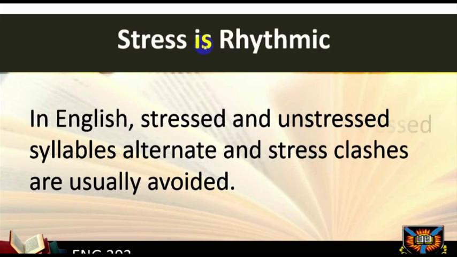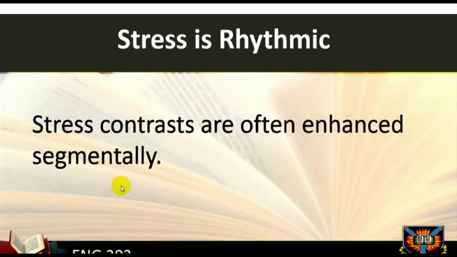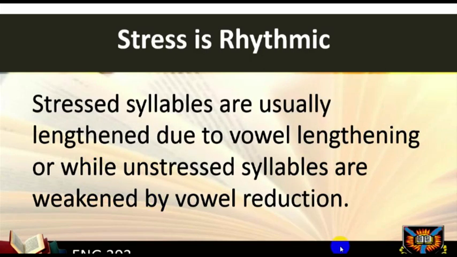Stress is rhythmic. Another characteristic of English stress is that it is rhythmic. In English, stressed and unstressed syllables alternate and stress clashes are usually avoided. Stress contrasts are often enhanced segmentally. How does this happen?